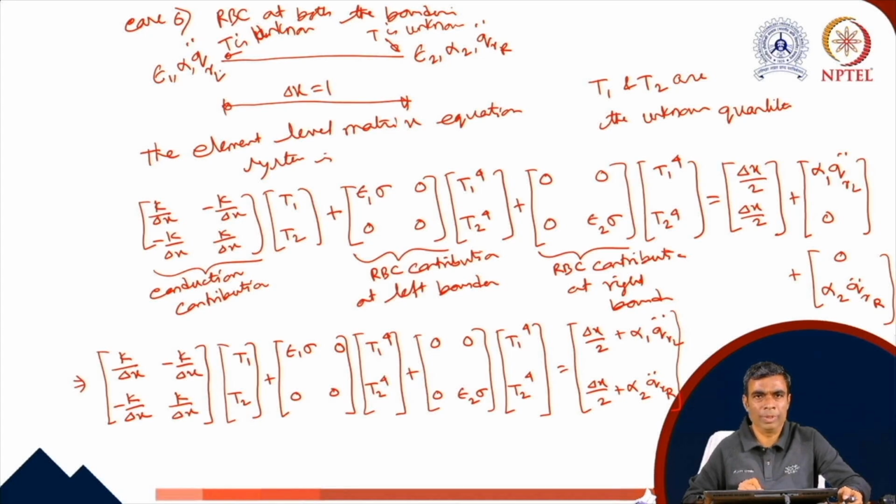So we can put different input values for the ε, α, h, T∞, k, Δx, these quantities that have appeared in our considered examples, and we can solve for the temperatures at the unknown nodal points. We have also shown some examples for the quadratic bar elements, and those can be extended for any kind of boundary condition set that we have defined.